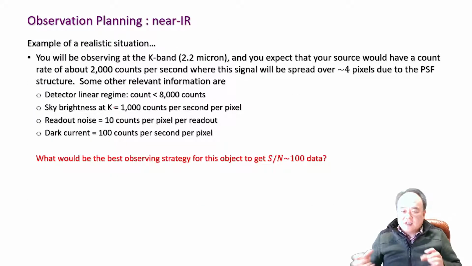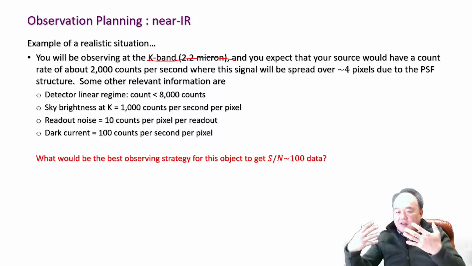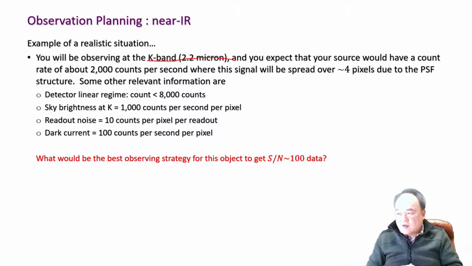In this simulated observation, the observation is happening at the K band, meaning the sky variation time scale is roughly 20 minutes. So when you plan the observation, you need to make sure that the entire duration of the observation, for proper sky subtraction, is within 20 minutes.